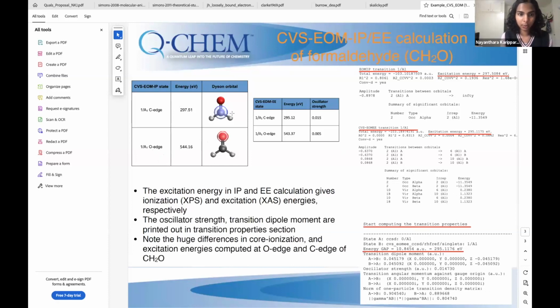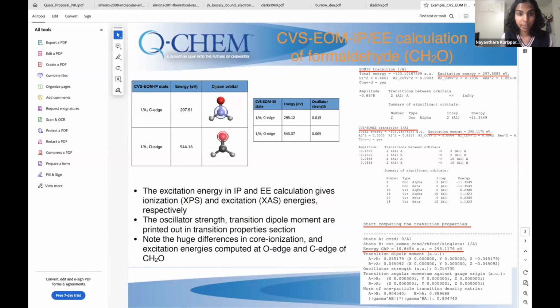So here you can see that for the carbon edge and oxygen edge, the ionization energy and excitation energy are substantially different. This is a feature of core level spectroscopy because core orbitals are very compact and localized. So it is very easy to distinguish a carbon core from an oxygen core.